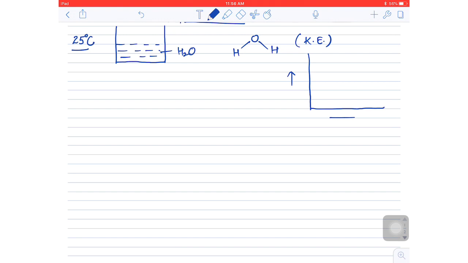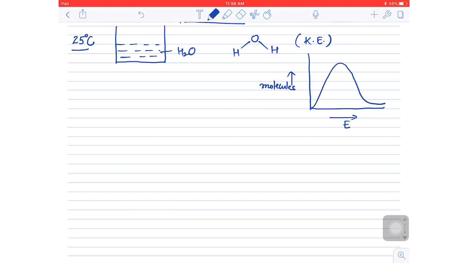This can be shown by this graph. If we plot kinetic energy here and the fraction of molecules or number of molecules here, simply we can write molecules. So the graph will look like this.